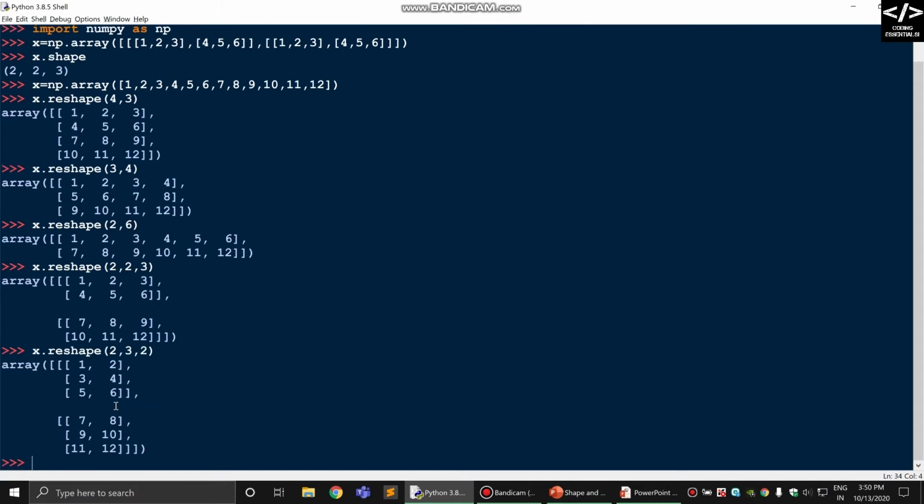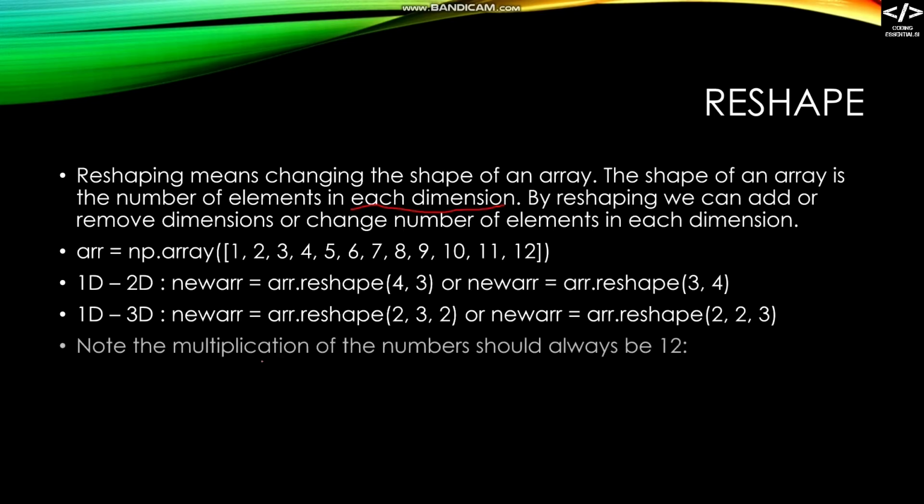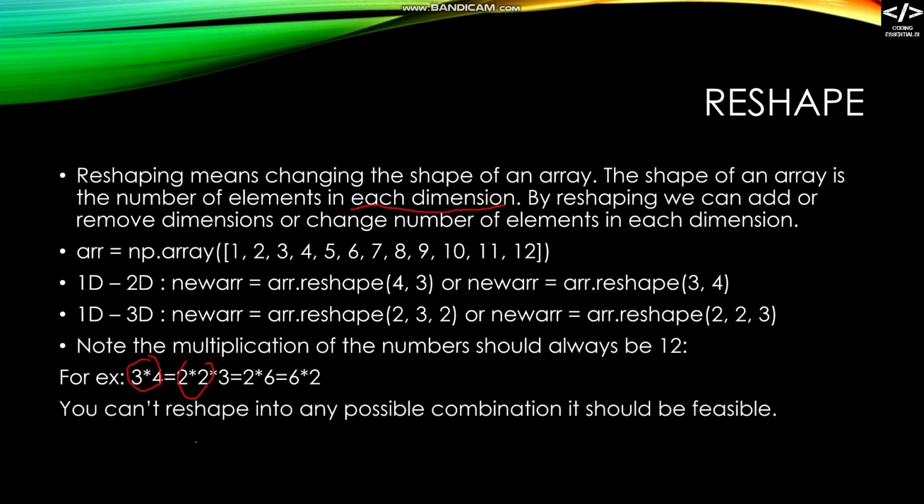Now there will be 3 1D arrays inside each 2D array, and each will have 2 elements. So this is what reshape is. I told you that the multiplication of all numbers should always be 12. So 4 3s, 3 4s, 2 into 2 into 3, 6 2s are all 12. So you cannot reshape into any possible combination.